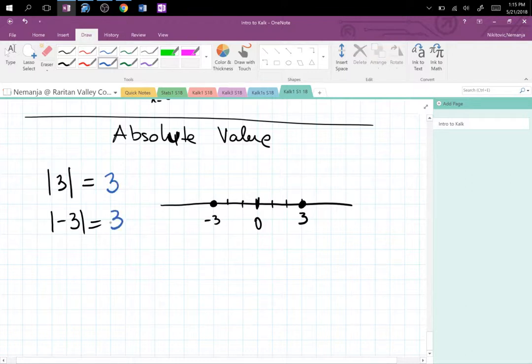So now what are the blue 3's? The blue 3's are the values that are the distances. So you have 3 hops this way, and that's that 3, and 3 hops this way, and that's that 3. So the black 3 is a location where the blue 3 is the measure of a distance. Who would say that 3 is not the same as 3? Right?